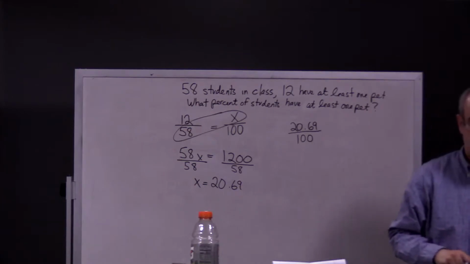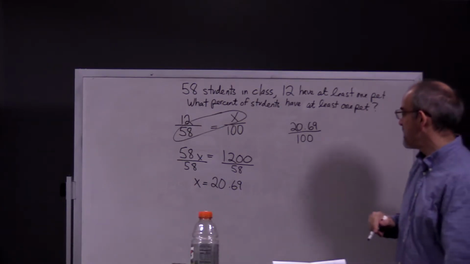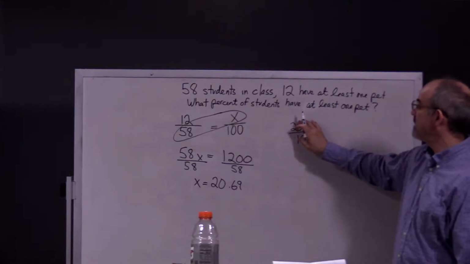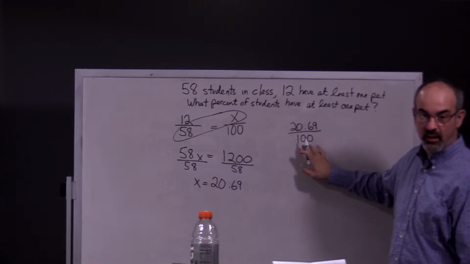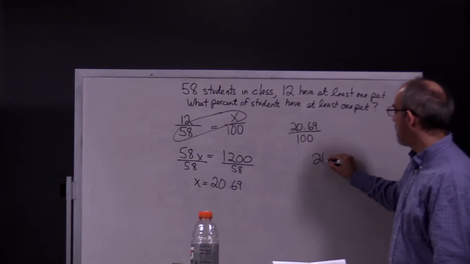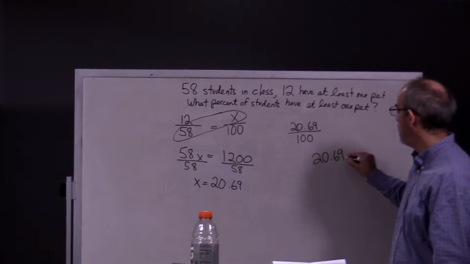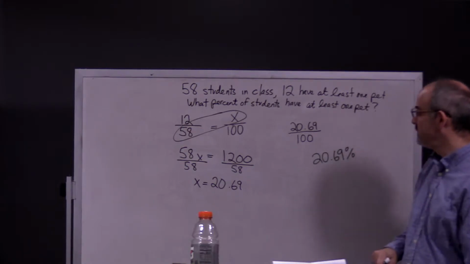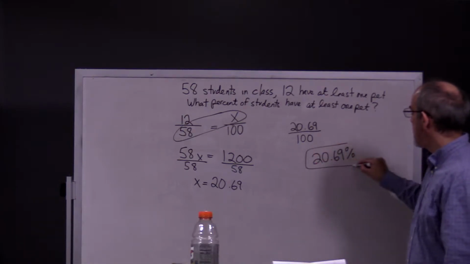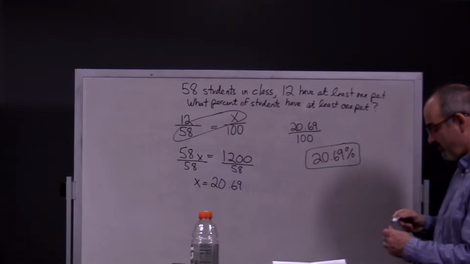Remember that percent means out of 100. So if you have a fraction that has a number on the top and a 100 in the denominator, the answer is just whatever the number is on the top with the percent symbol after it. So 20.69% of my students.